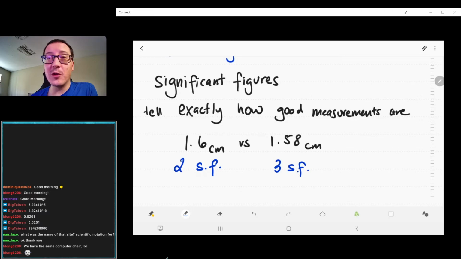And so the more sig figs you have, the better your measurement was. We see that we have more information with the second case, where we saw that 1.5, 1.6 was, so we could make a better estimate.